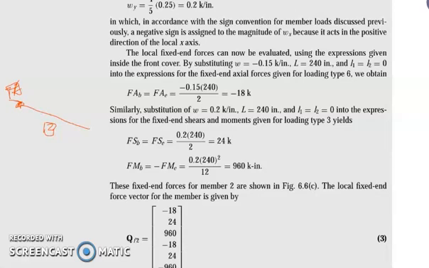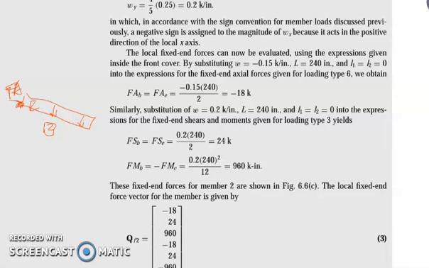Now this is uniform loading, and since it is inclined, we have resolved our uniform loading into x and y components along the horizontal and vertical directions. So our axial force at the beginning and at the end of the member are equal.